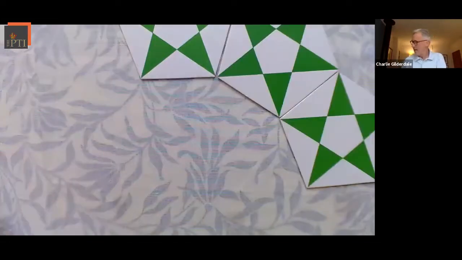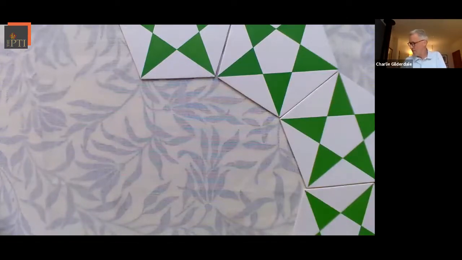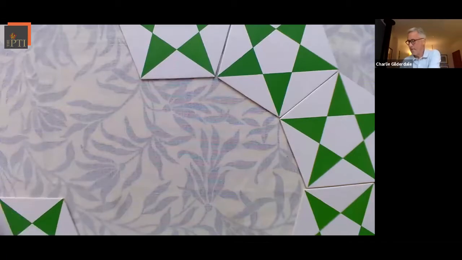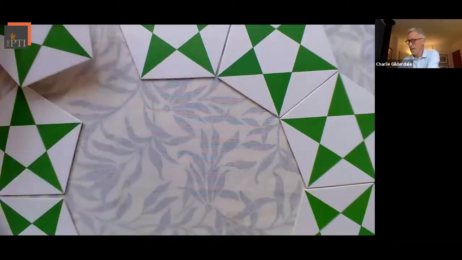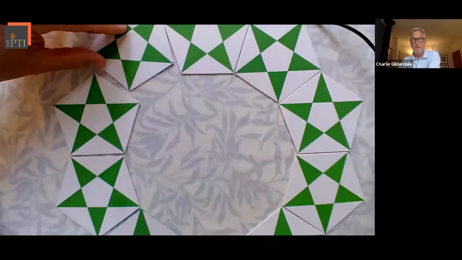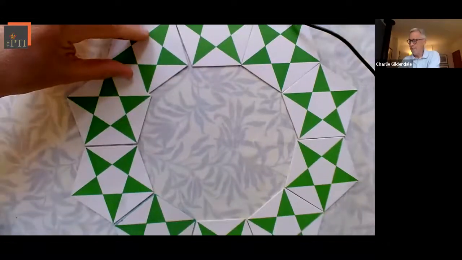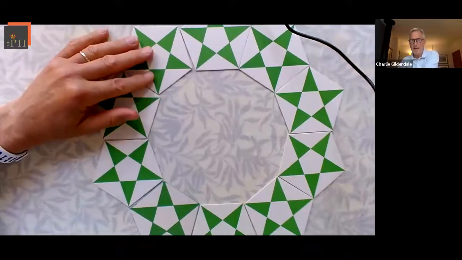I'm going to just lift my visualizer in a second so that you can see what the whole ring might look like. And it does look like this might work, but it's not clear what's happening here.